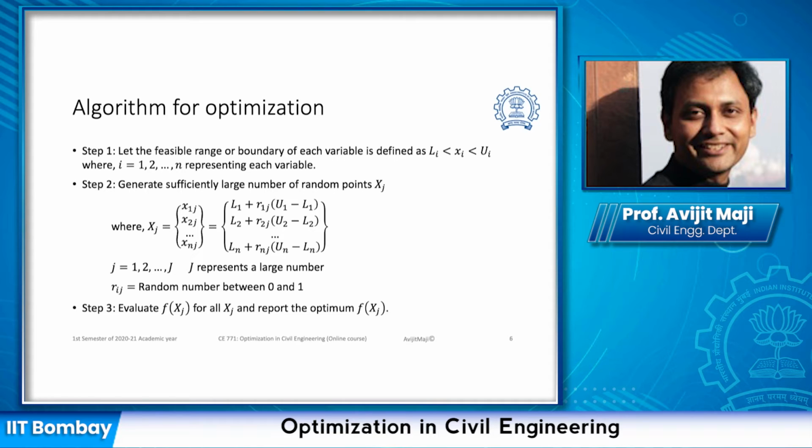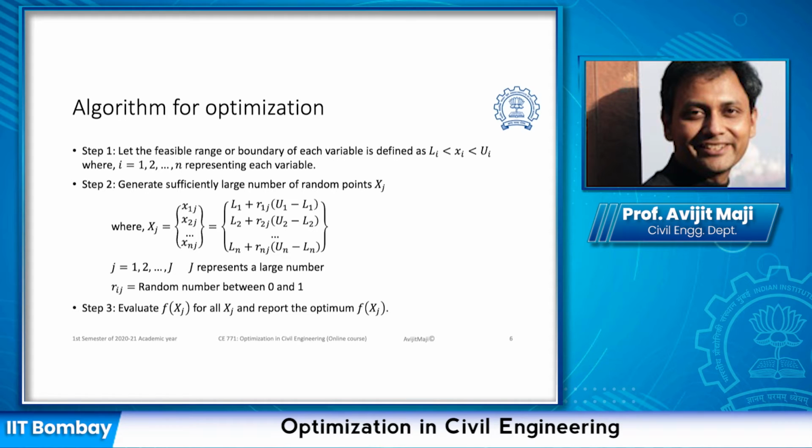If we look at all the variables, it gives a vector representing a location within the search space. If we keep developing those locations, we'll get many such locations depending on our desire.